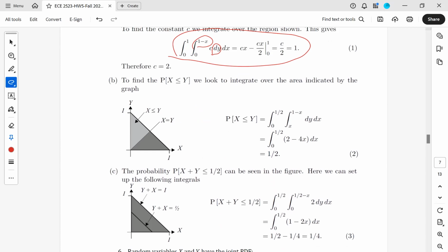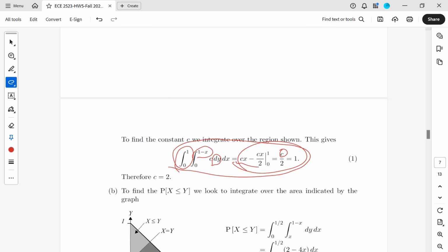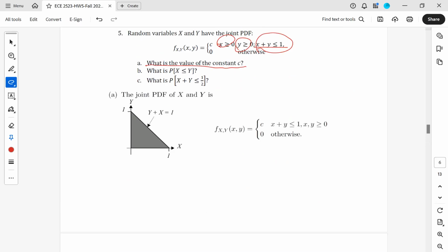Okay, so we do the integral over y based on our condition, and then we do the integral over x. We have the value because it should be equal to 1. That means here we could calculate the value of c. Any question about that one?